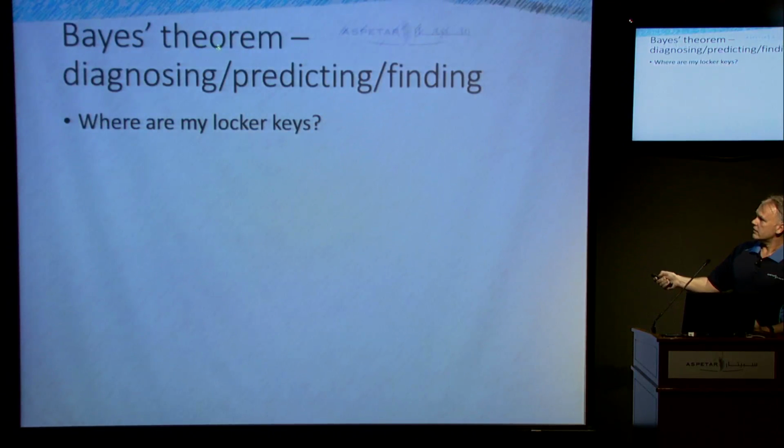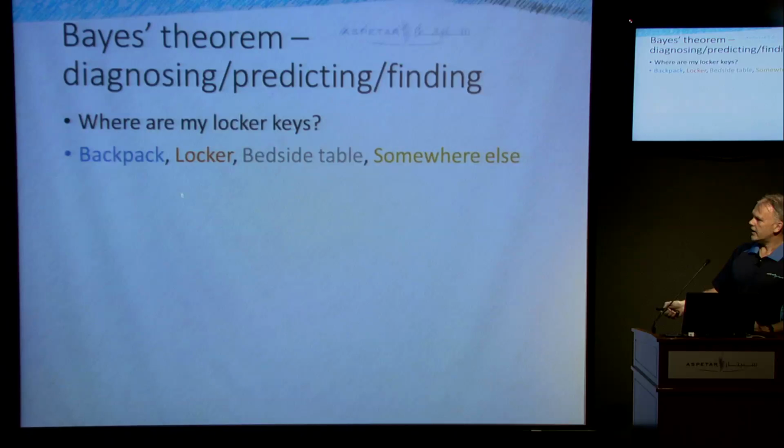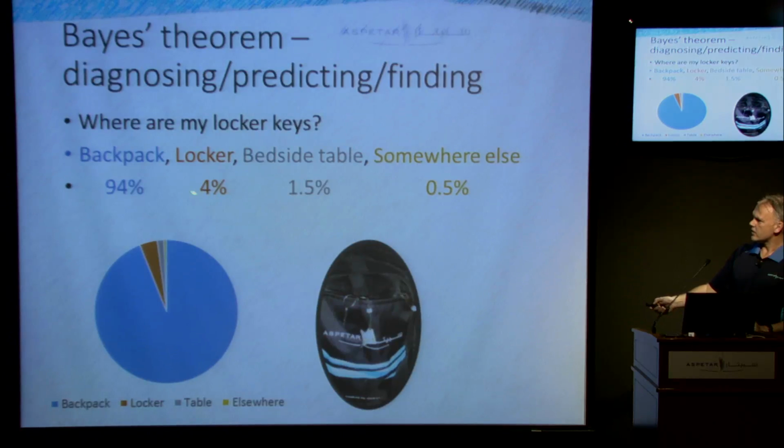So what Bayes did essentially was address the problem that I run into about once every 20 days. My locker keys, by and large, live in my backpack, but occasionally I leave them in the locker, about once every 4 weeks or so. Sometimes I clean it out, they end up on my bedside table, they might be somewhere else. So roughly the percentages are like this, that they're going to be living in my backpack.